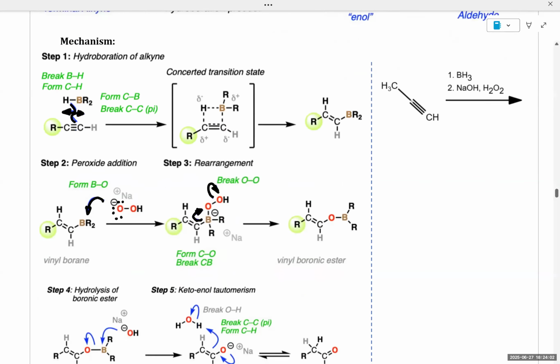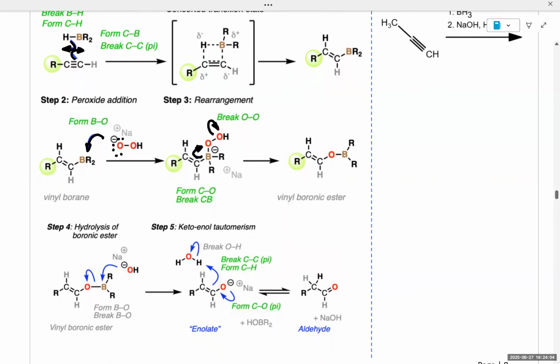And this yields a vinyl boronic ester, which is then hydrolyzed by hydroxide to yield an enolate. And because we already have this enolate, we can show the protonation cleanup step in a single step where the enolate abstracts a hydrogen at carbon to yield our aldehyde.